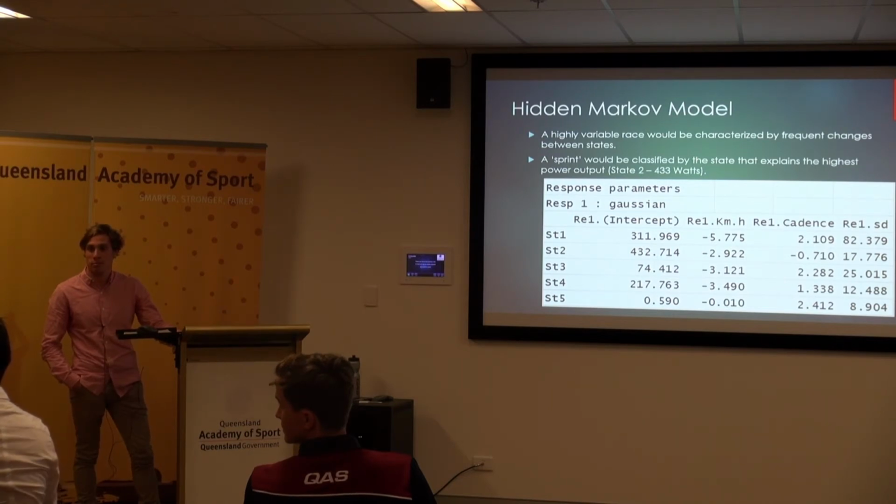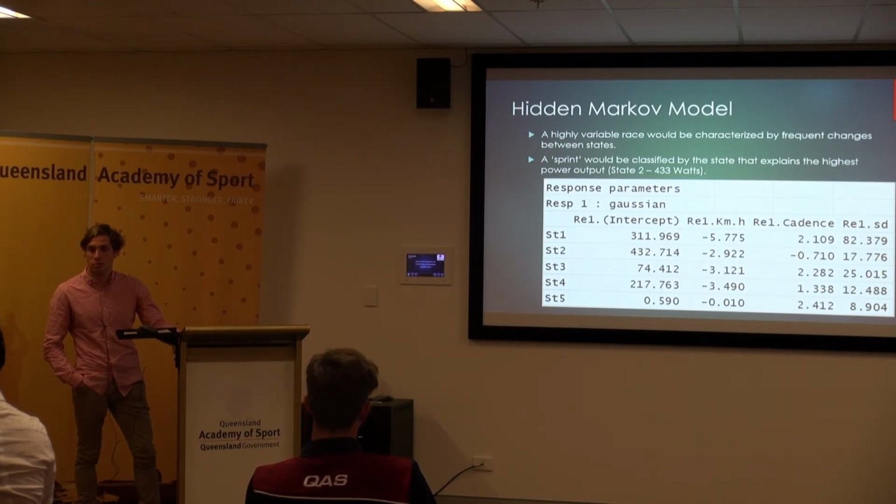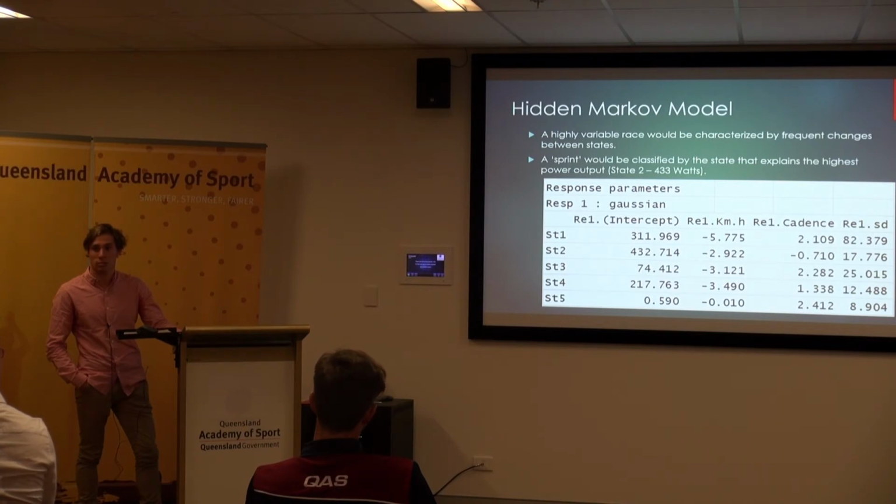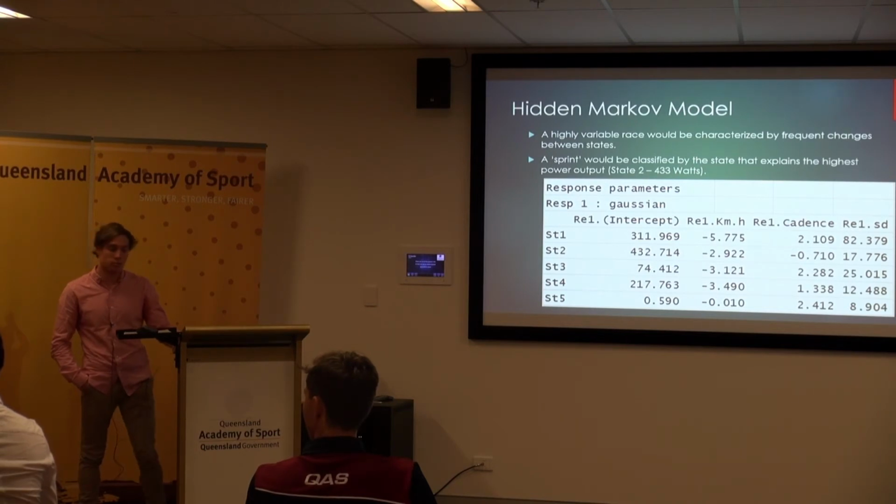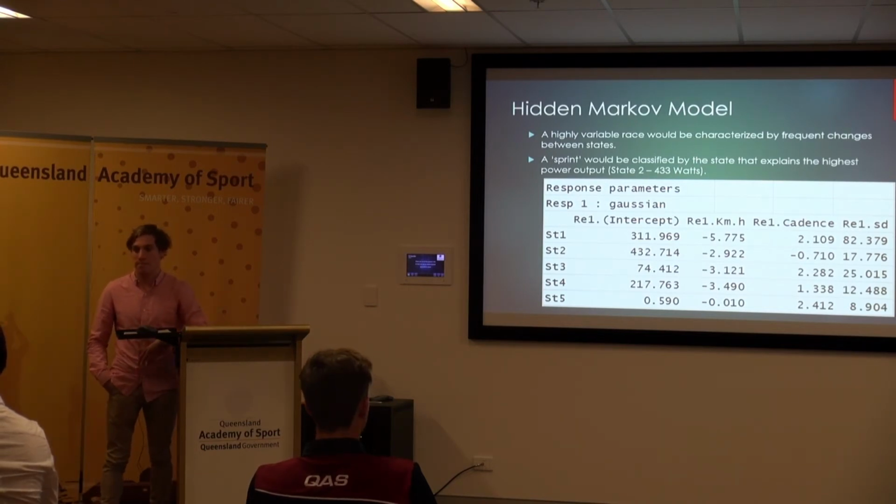Is there a way of looking at how long they spend in each burst of state 2 and how far apart those bursts are, using this sort of model? Yeah, I think there would be a way to do that. Your critical power W prime probably, at that point. You've got a critical power W prime indicator for each of those.